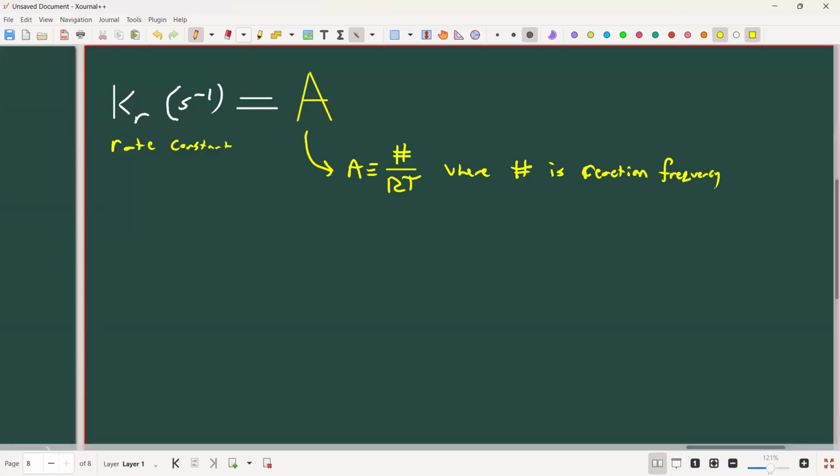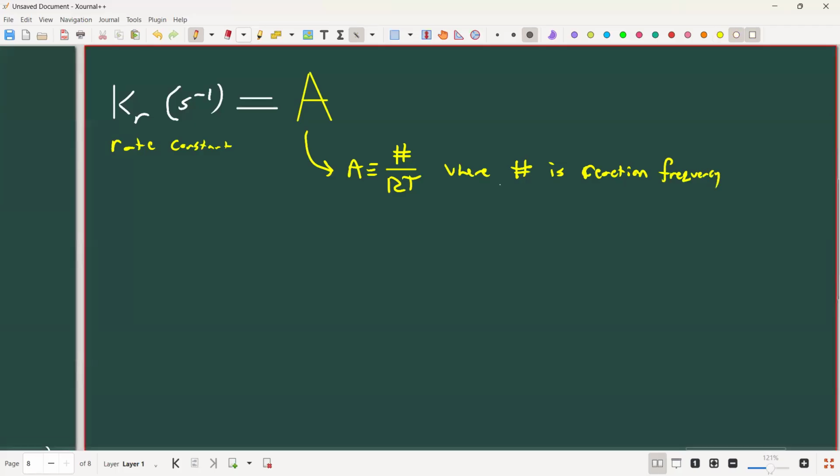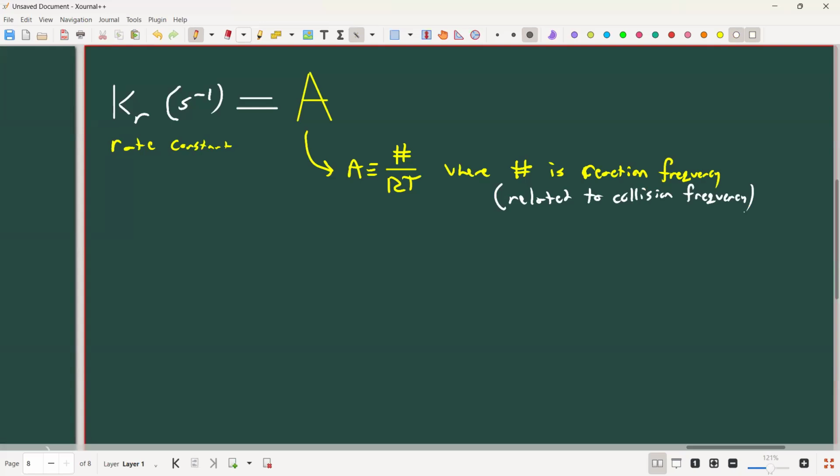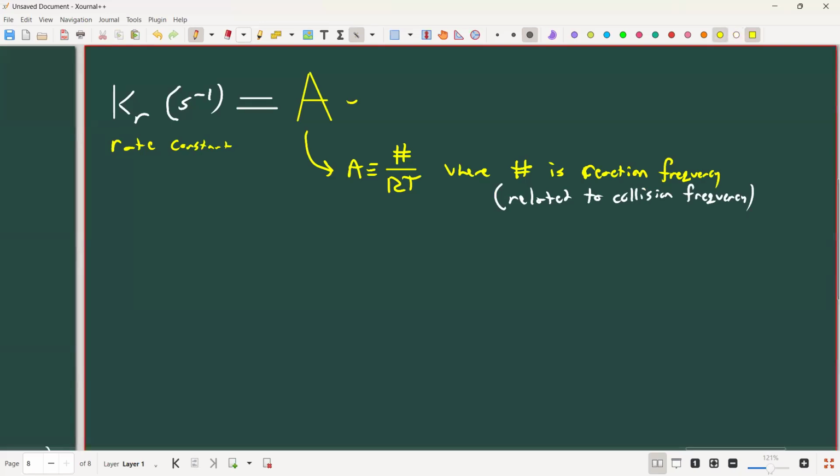Okay, so that's how many opportunities you get per second. We'll see that this is related to collisions. Collision frequency: how many times does an OH collide with a CH3Br, times e to the minus E_A over RT.